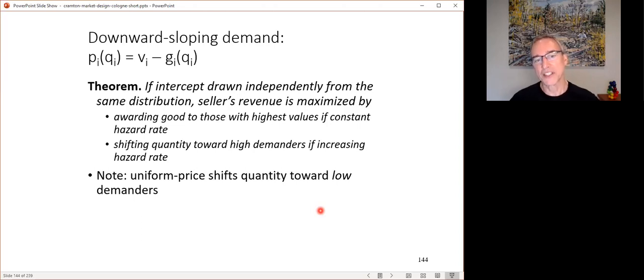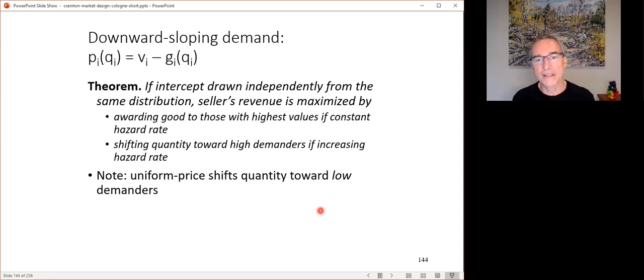And otherwise, we want to shift quantity towards high demanders if there's an increasing hazard rate. First of all, constant hazard rate, that's very special. The only probability distribution that has a constant hazard rate is the exponential distribution. So it's very special. But at least there's one instance where awarding the good to the guys with the highest values with downward sloping demand is consistent with revenue maximization.